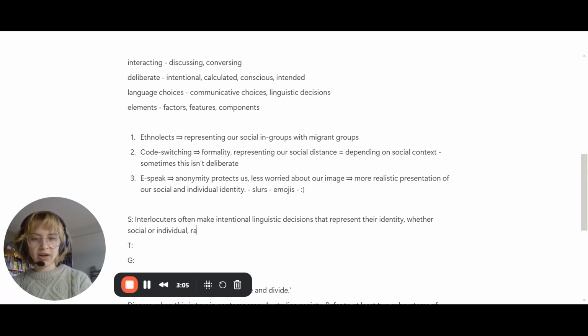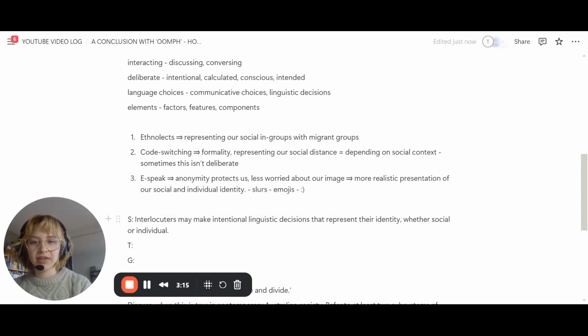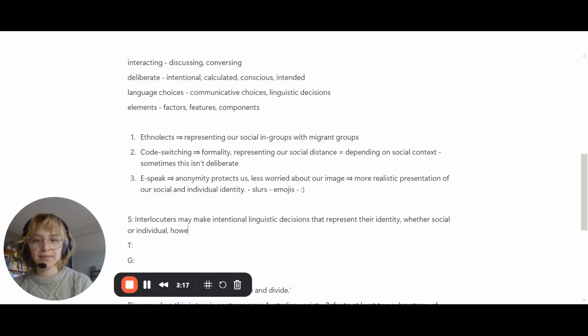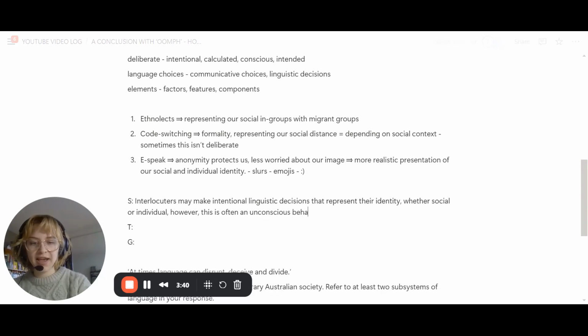Obviously, this depends on how you're going to approach it, but interlocutors may make intentional linguistic decisions that represent their identity, whether social or individual.